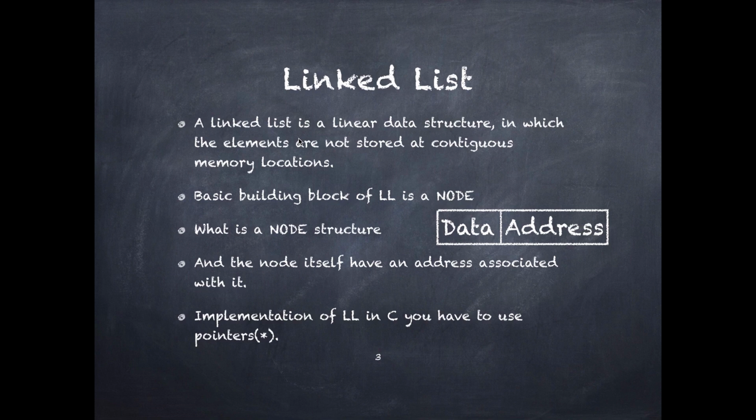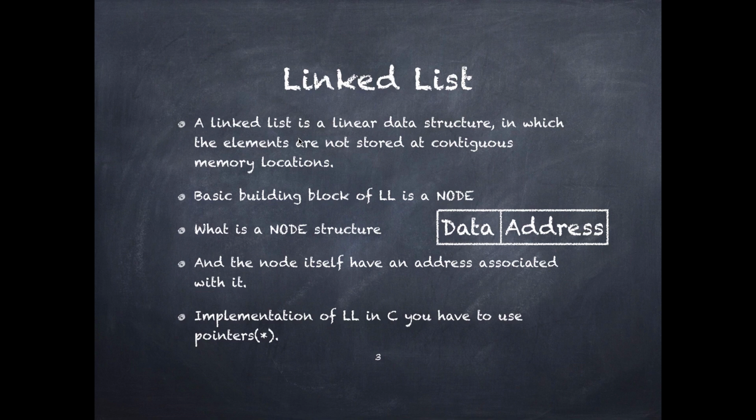All this we implemented or tried to explain with arrays, whereas an array is a contiguous memory location, which stores the data in continuous memory locations. So a linked list is not stored at contiguous memory locations.